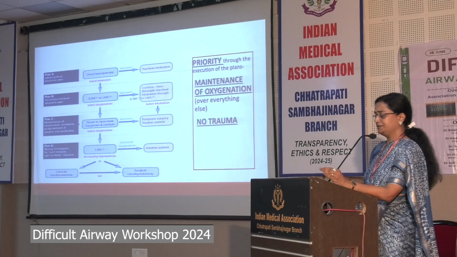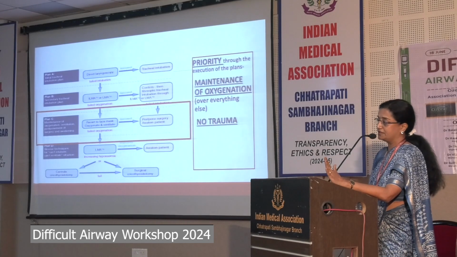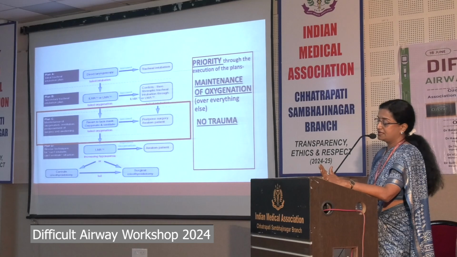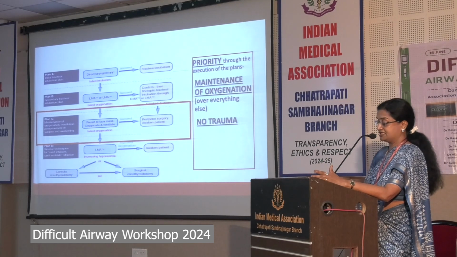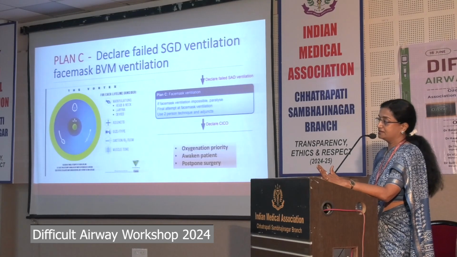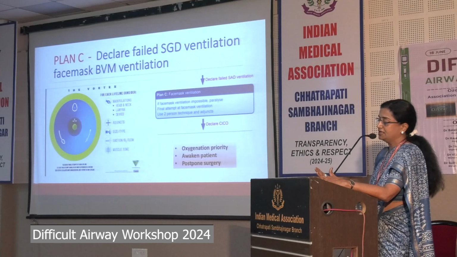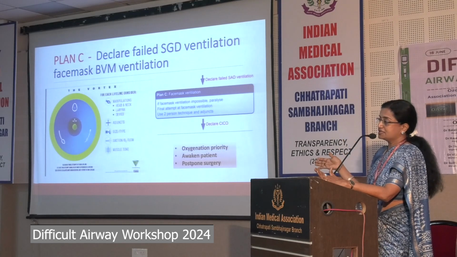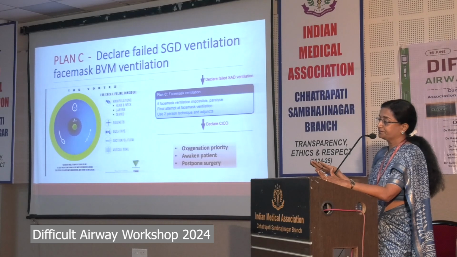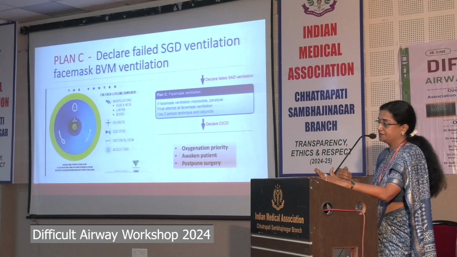What happens when you have failed to ventilate the patient with an SGD? So you come to plan C, that is a declared failed SGD ventilation and failed bag mask ventilation. So you start with face mask ventilation, but with the saturation being 100%, you have to start thinking now for your front of neck access.